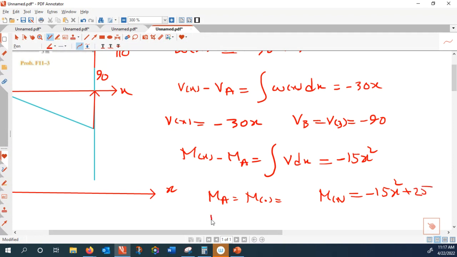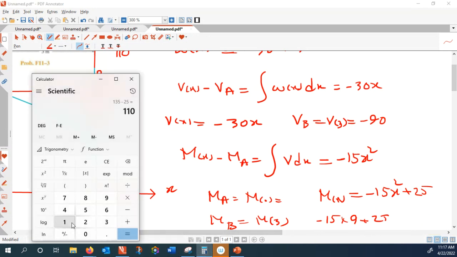So M of a is when you plug x equal to 0, and M of b is when you plug x equal to 3. So what happens if I put x equal to 3 here? That is minus 15 times 9 plus 25. That's minus 110. Okay.